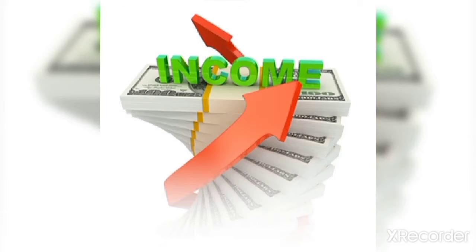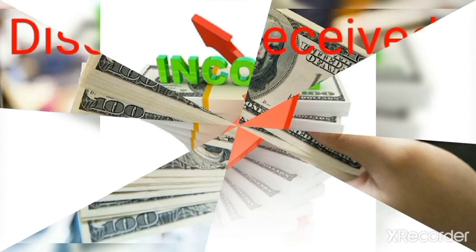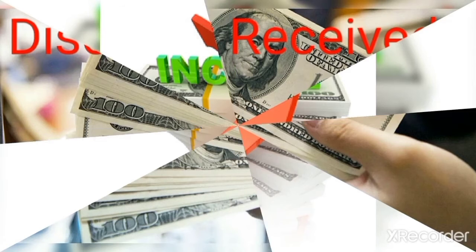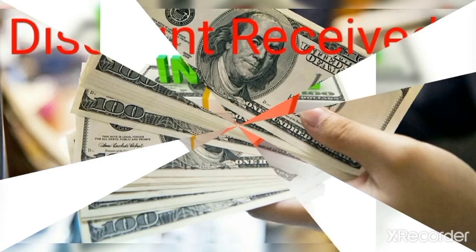So when it comes to revenues or incomes, they are to be credited. All right? You credit your incomes. And this income could be, for example, discount received, which is regarded as income because you are receiving it as an organization, so it should be credited.